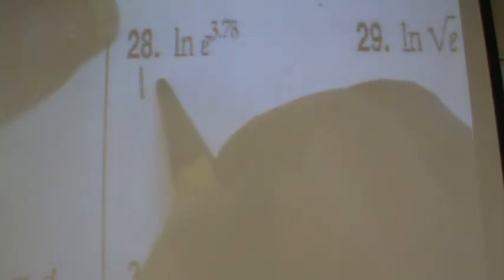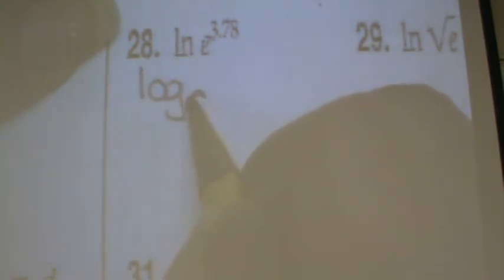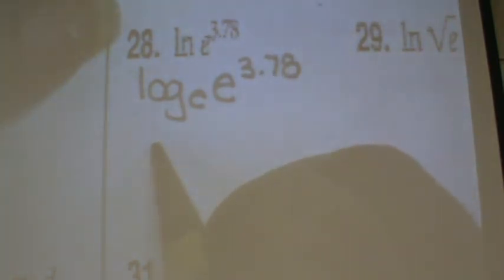Number 28. What's ln mean? ln means log base e of e to the 3.78 power. What's this answer going to be? What's this one going to be? Ooh, what's the base here?